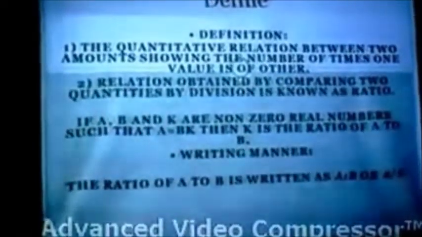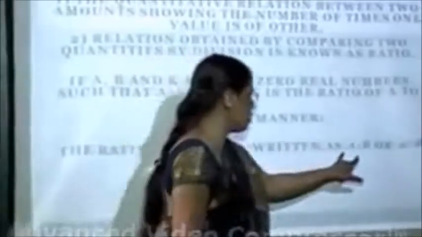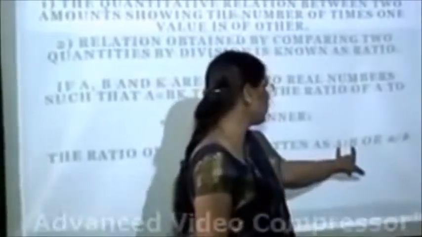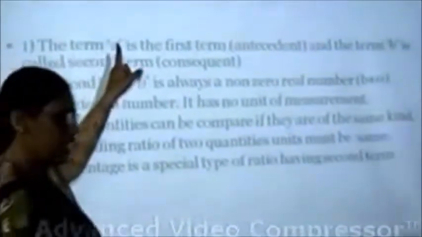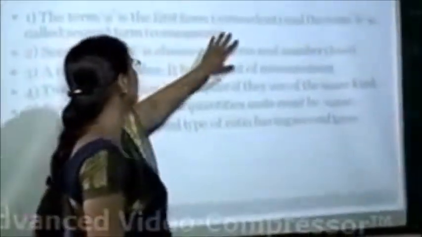If A, B and K are non-zero real numbers such that A is equal to BK, then K is the ratio of A to B, and we can write this ratio using the symbol A is to B or A upon B. The first term A is called the antecedent or first term, and B is called the consequent or second term.